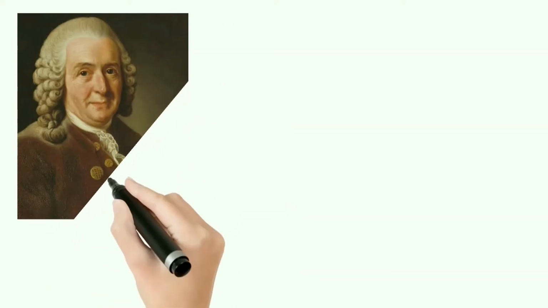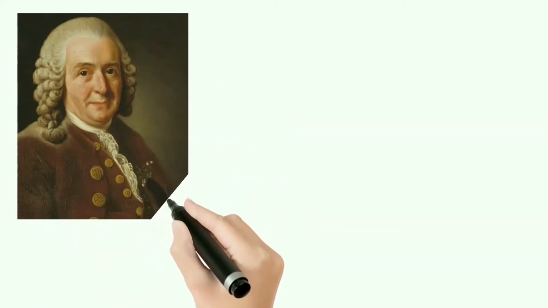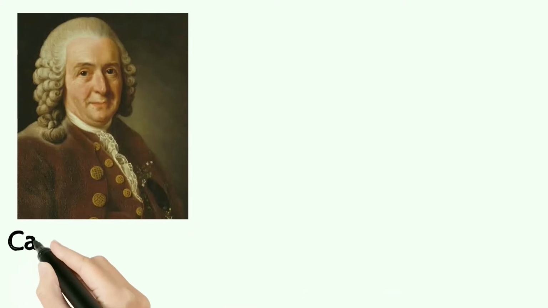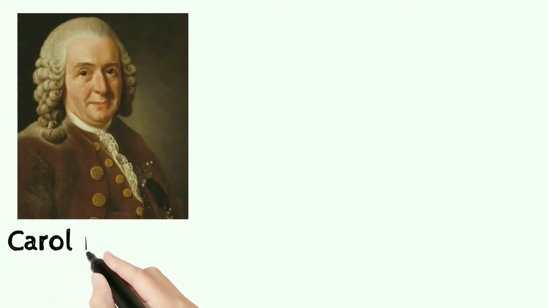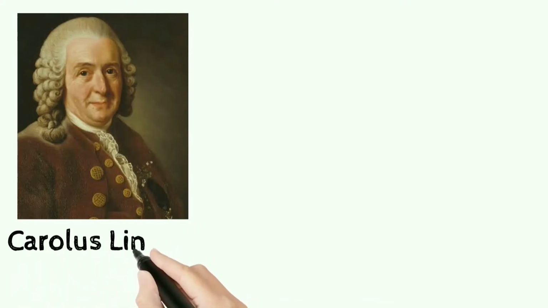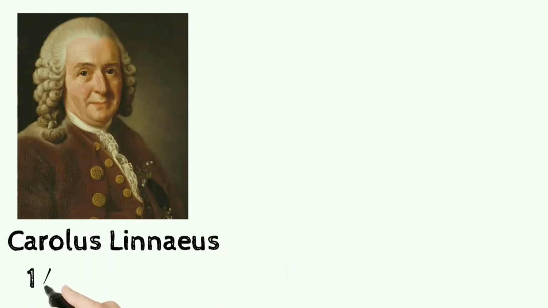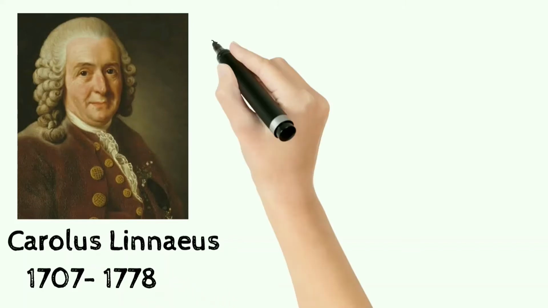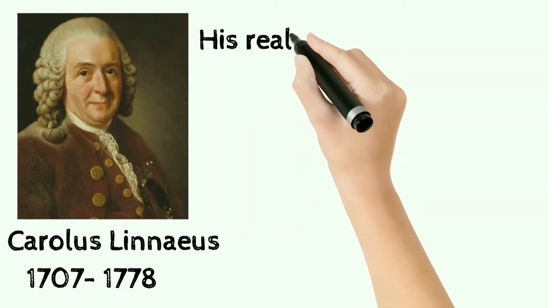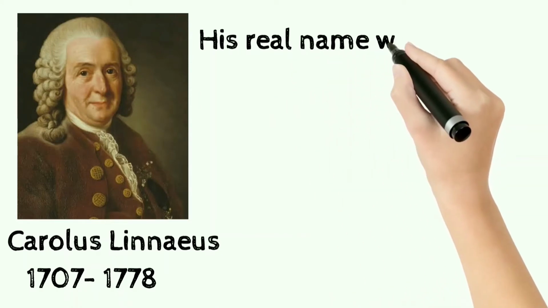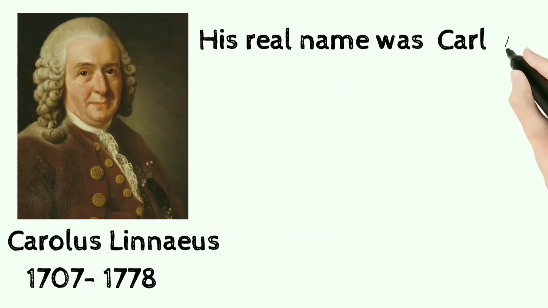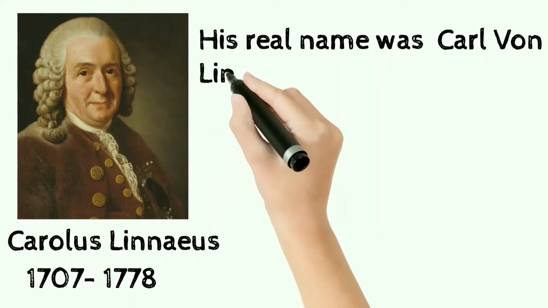Now we will talk about Carolus Linnaeus. He was the first to frame principles for defining natural genera and species of organisms and to create a uniform system for naming them, known as binomial nomenclature. His real name was Carl von Linné, but on the basis of his work in the Latin language, he changed his name to Carolus Linnaeus.